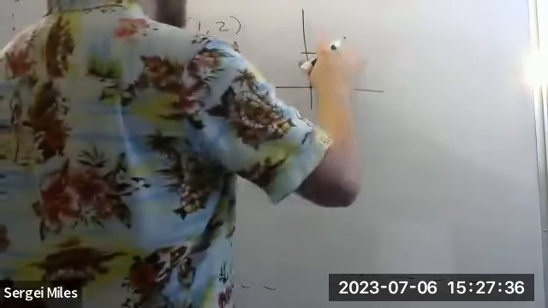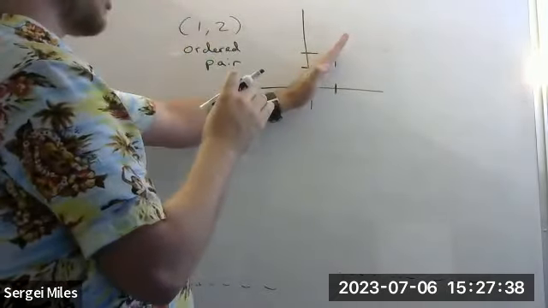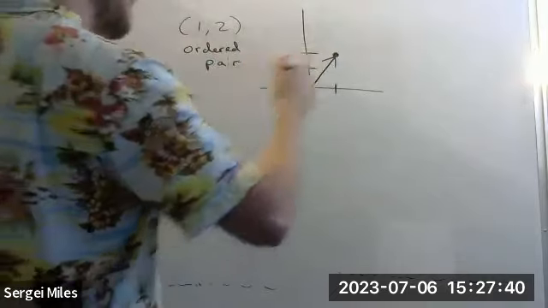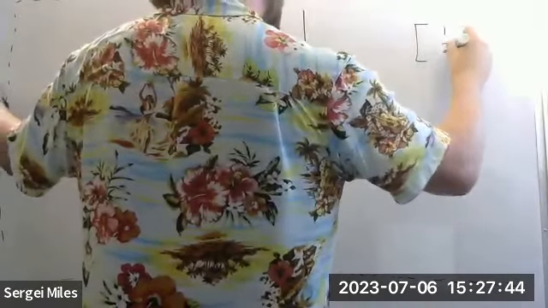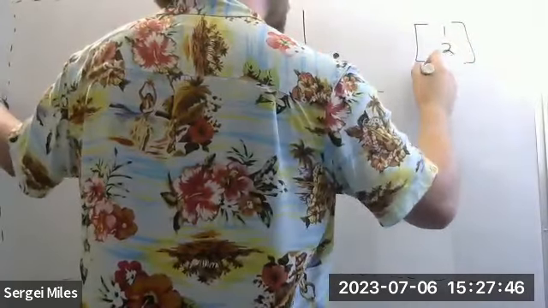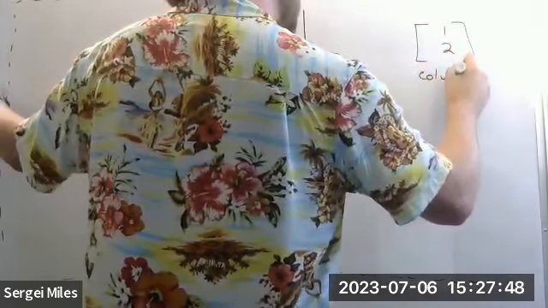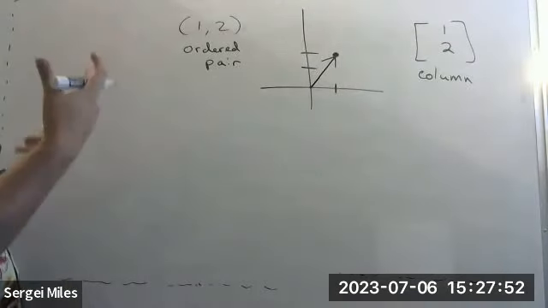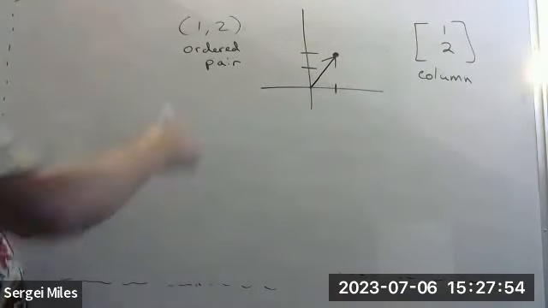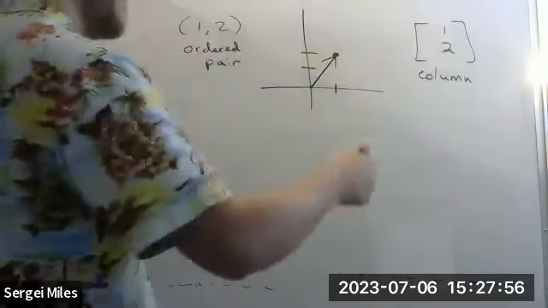In other words, this is telling us how steep our line should be, right? This vector is then represented as a column vector, (1, 2). So we list the first coordinate first, and then the second coordinate of our ordered pair, and it's listed in this fashion.